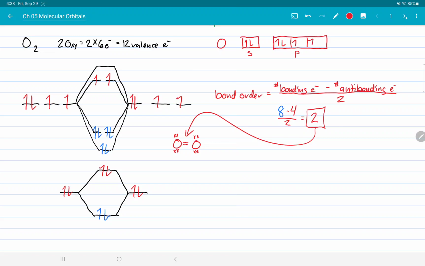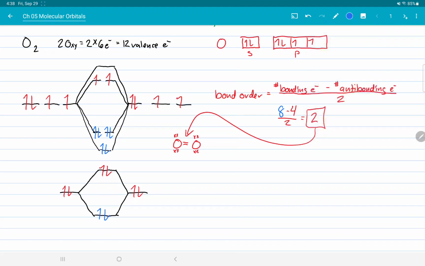So it agrees with what we've done with the Lewis dot and valence bond theories. Valence bond theory says that each oxygen can form 2 bonds because it has 2 unpaired electrons. So everything is agreeing nicely. And that's a good thing.